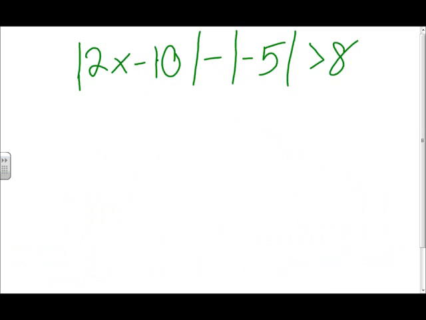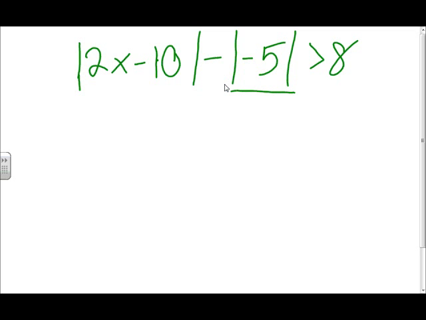Hello, this is Ben, and welcome to the second example problem for our 6.4 algebra section. Here we have an inequality, as you can see at the top, and for this one we have a different step that we didn't have last time. We have to get rid of this negative 5 outside the absolute value bars.